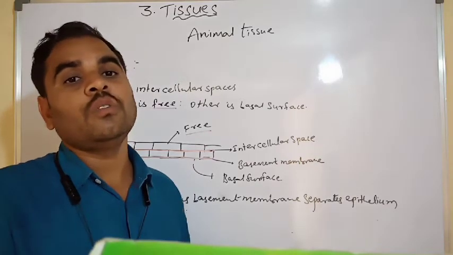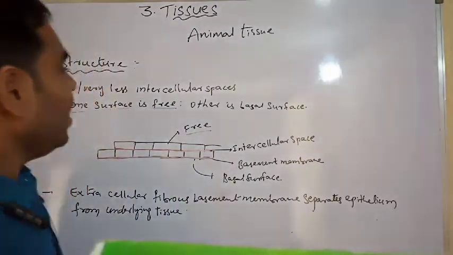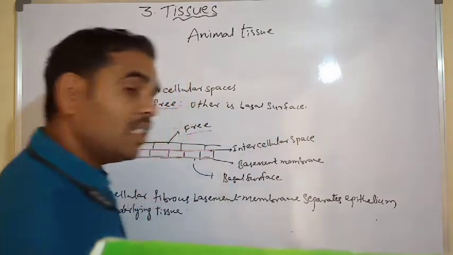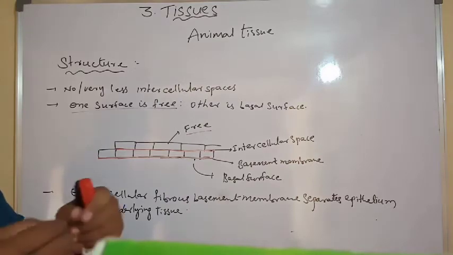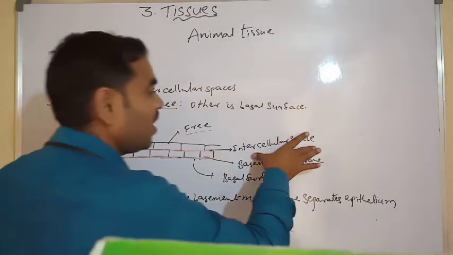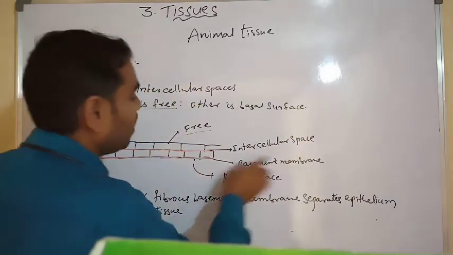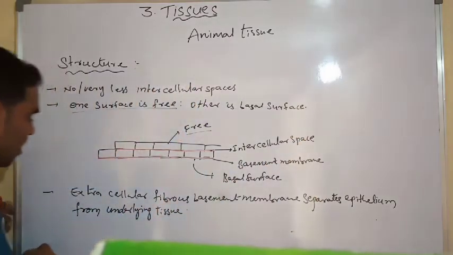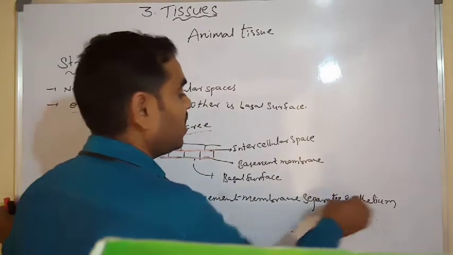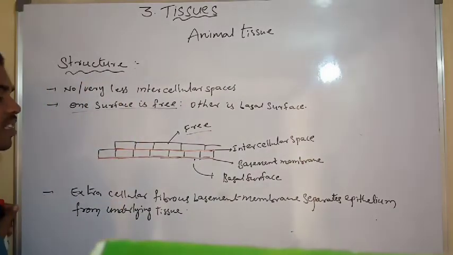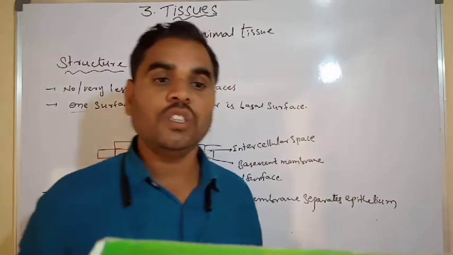Blood will ooze outside. It means the intercellular space is very tight and packed. Next, the basement membrane, the basal surface is also there. An extracellular fibrous basement membrane separates the epithelium from underlying tissues. These are separating the underlying tissues.